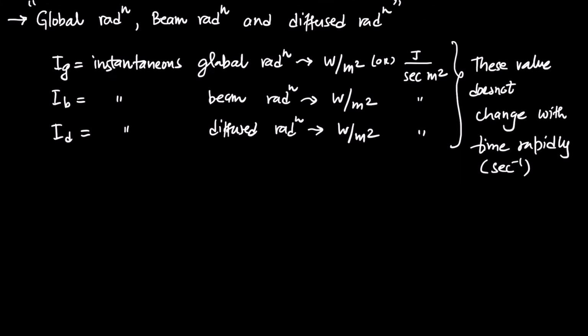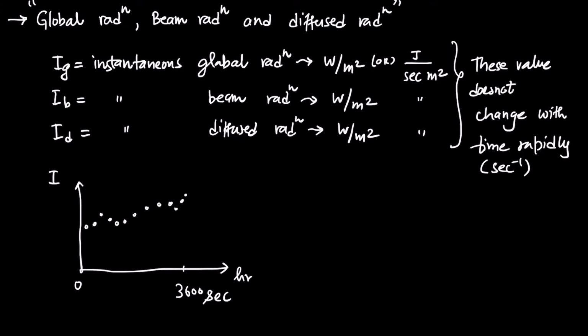What I mean to say is, let us suppose this axis is the intensity I and this is time, 0 to 3600 seconds. For a change every second, the value of I is very small.